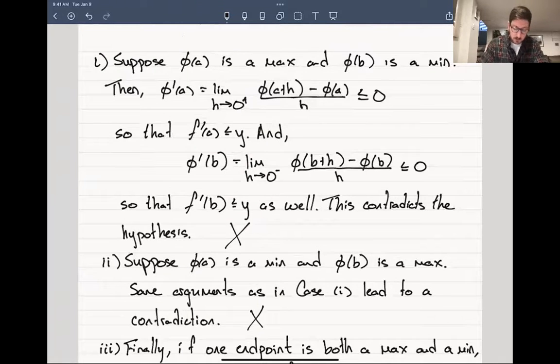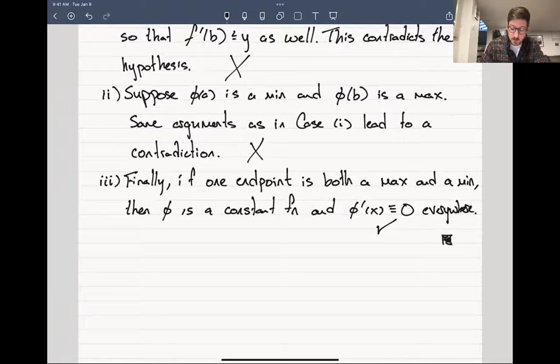We have 3 cases. We saw the first 2 are impossible. And the third case tells us that my function has to just be constant, which trivially satisfies what I was looking for. Remember, the whole purpose of this proof was to show that phi prime is equal to 0 at some point. In the case when your function is constant, it's equal to 0 everywhere. And so it's trivially true.